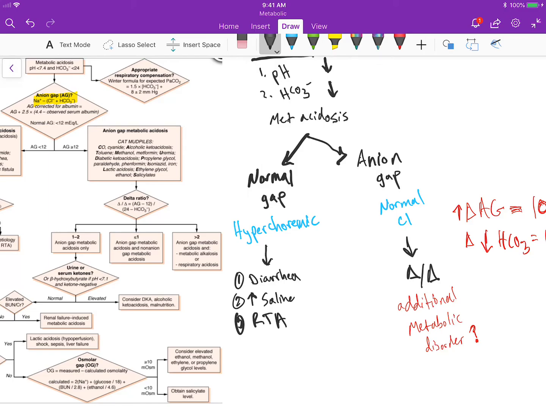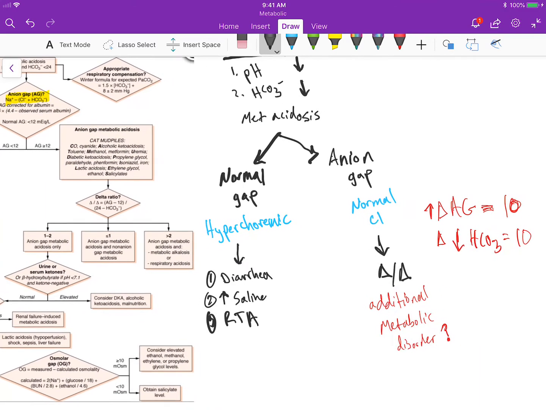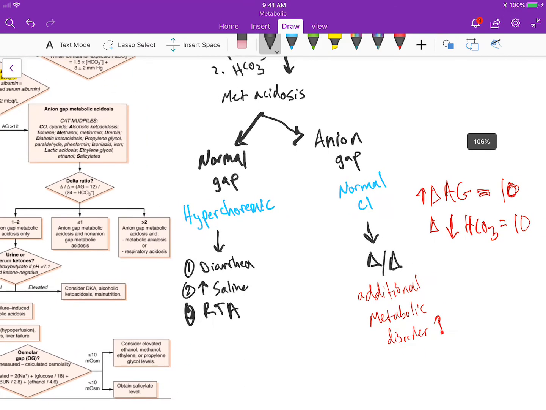You only use it when you have an increase in anion gap, and this comes with a normal chloride, and the amount of change from the normal gap should equal the amount of change from the normal level of bicarb.